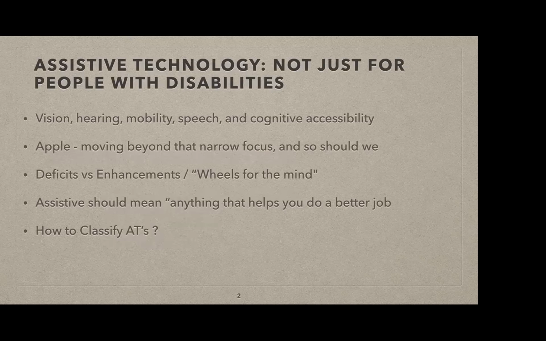Now, good. You're not seeing all my chart chunk on your screen. My first problem in trying to look at classifications is that Apple initially started using the common definition for assistive technologies, which is that they were for people with vision, hearing, mobility, speech, or cognitive problems. That was a pretty narrow focus.